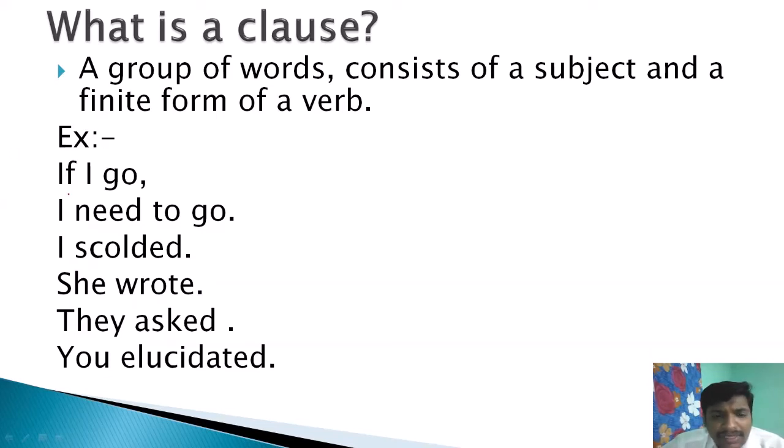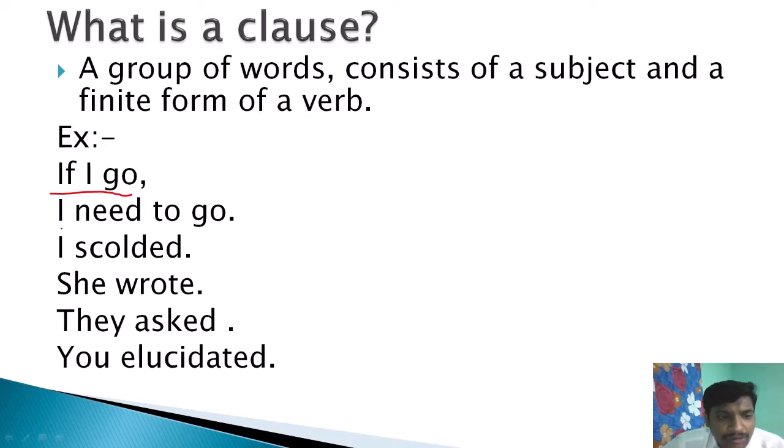And as per the context, sometimes clauses may give complete sense, sometimes they may not give the complete sense. For example, here, if I go, what else, what happened, what next, these kind of questions will come into our mind. That is why this clause will not give you complete sense.